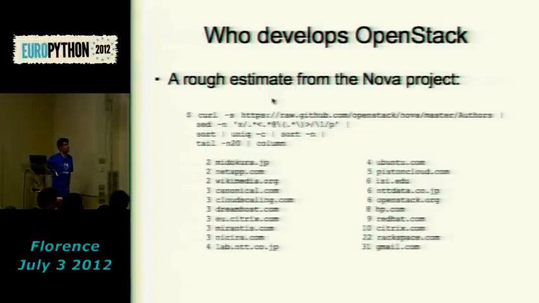Okay, so who develops OpenStack? Take this slide with a pinch of salt. I did some shell foo, but it basically pulls down the authors list and pulls out the email addresses and counts them. The bottom one there being Gmail, so definitely take this with a pinch of salt.